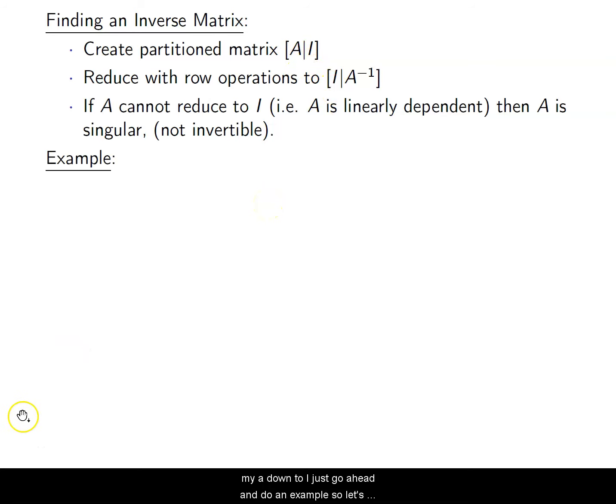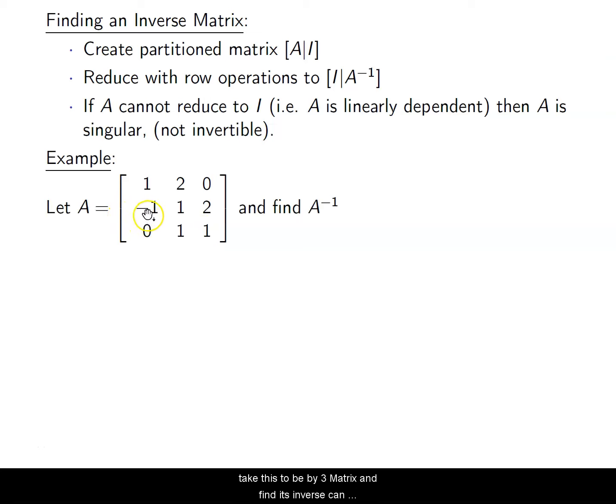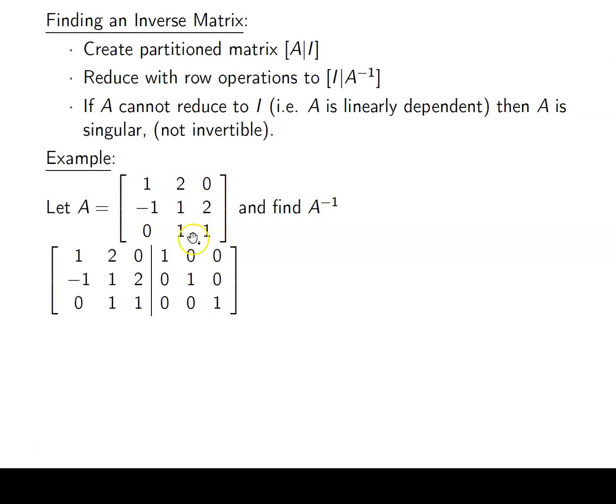Alright, so let's go ahead and do an example. So let's take this 3 by 3 matrix and find its inverse. Okay, so 1, negative 1, 0, 2, 1, 1, 0, 2, 1. So our setup is I put A on the left side, put the identity on the right side.